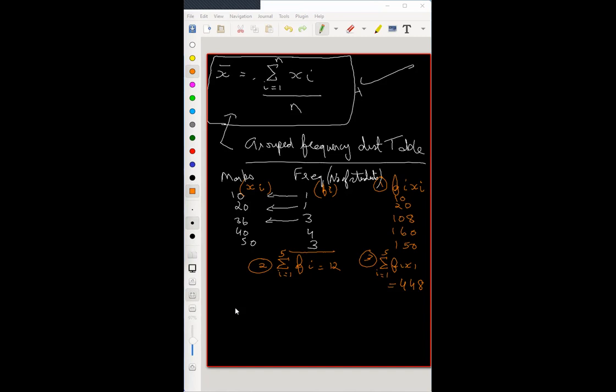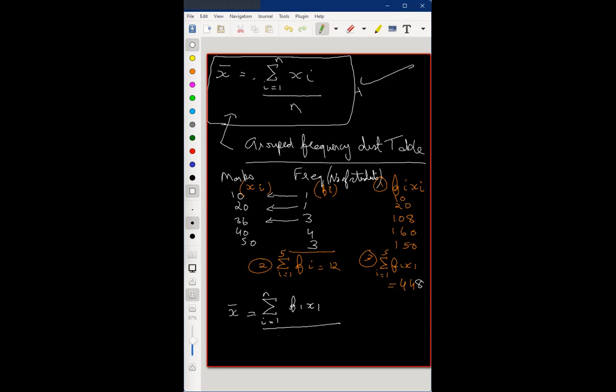Now the mean in this case, the formula becomes sigma i equal to 1 to n of fi xi upon sigma i equal to 1 to n of fi. So this is the new formula for mean whenever the frequency has been given to you. So what is sigma fi xi over here?